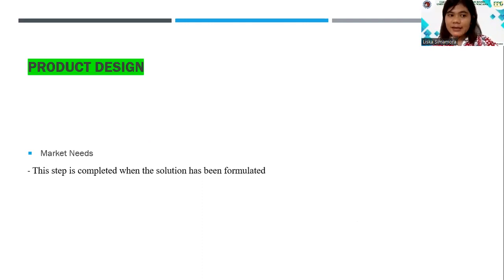Okay, but in product design, you have to go deeper to be more specific about the needs of your customer. By understanding these needs, you can create many variations of your product using the same materials. For example, you know the market needs white jasmine flower, but when you go deeper, more specific, you can make variations of your white jasmine flower.